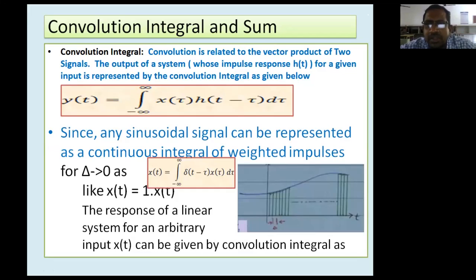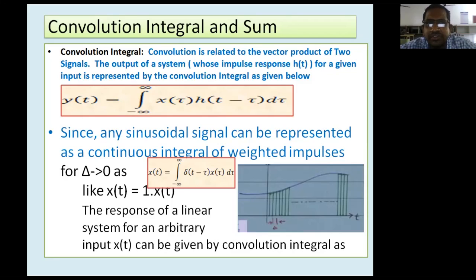That means 3 is multiplied with 2, an operation called multiplication. Similar kind of thing we do for signals. If two signals are multiplied, that is simply called convolution in general. So convolution is related to the vector product of the two signals. I can define convolution as simply the vector product of the two signals.